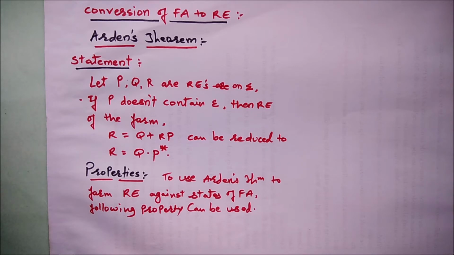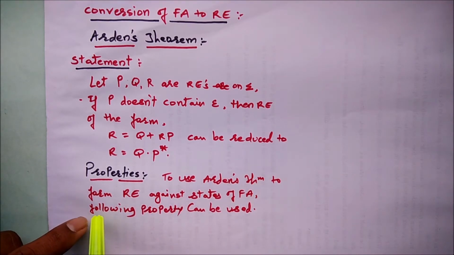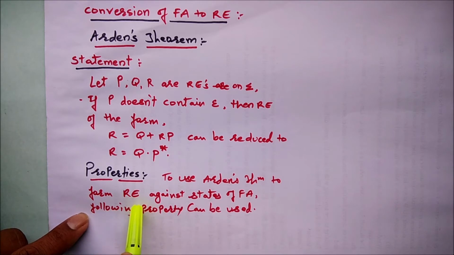Before going to solve the problems, let's see one of the properties of the states of the finite automata, how it can be written into the equation type. To use Arden's theorem in the form of a regular expression against the states of finite automata, the following property can be used.